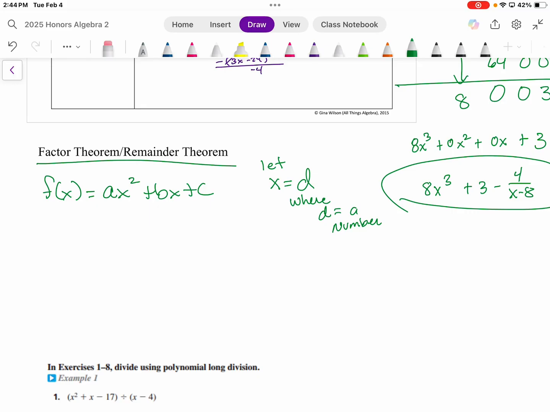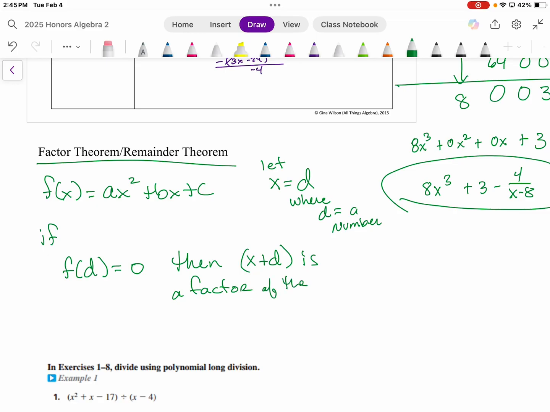So what that's saying is, if f of d equals 0, then x plus d is a factor of the polynomial.